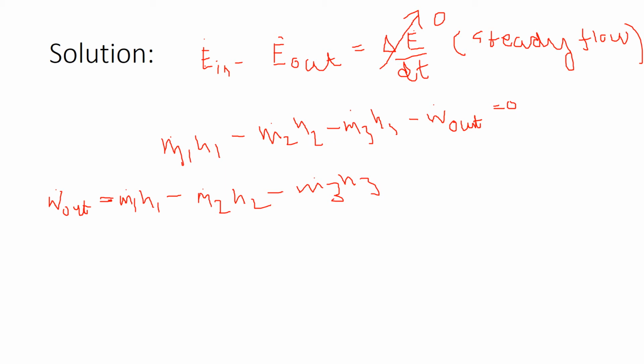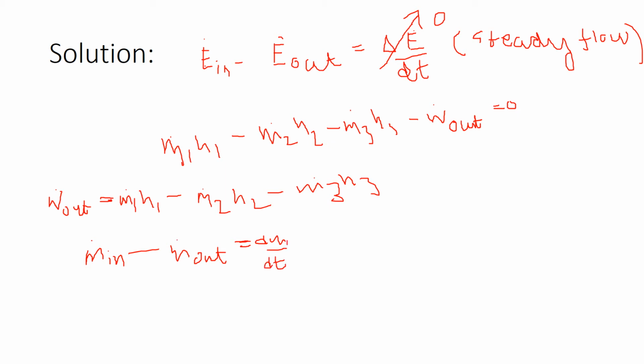Now let's perform our conservation of mass or mass balance equation. We know mass in minus mass out is equal to the change in mass of the system, dm by dt.